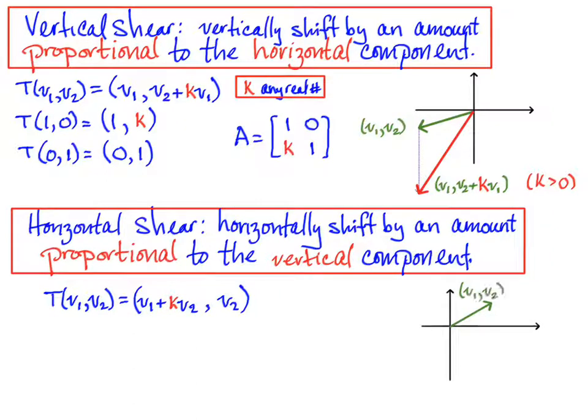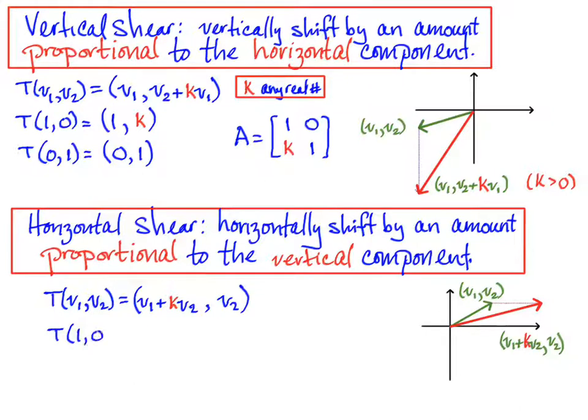And visually, what does that look like? We start with a vector V1, V2, and we're shifting horizontally by an amount proportional to whatever the second component was. So the vector goes to V1 plus K times V2, comma, V2.